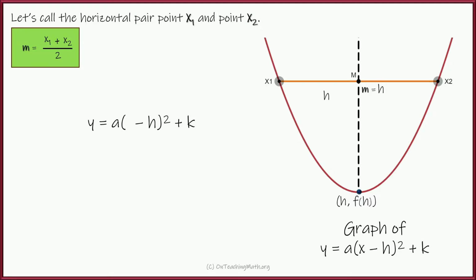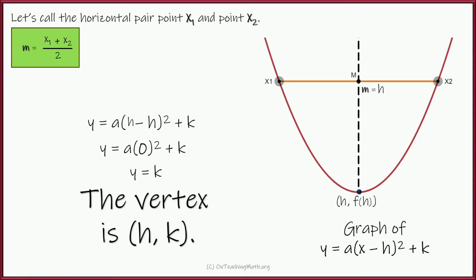We're going to get rid of the x, put an h there, and of course, h minus h is 0. 0 squared is 0. 0 times a is 0, so we're left with y equals k. So when x was equal to h, y is equal to k. That's pretty cool right there. That's why the vertex is h comma k.